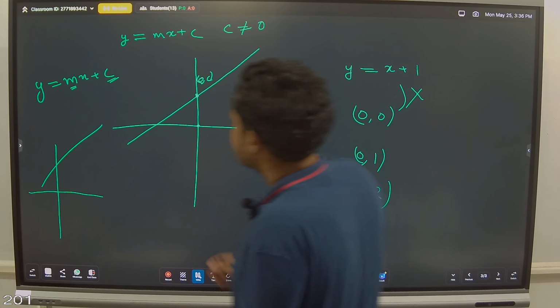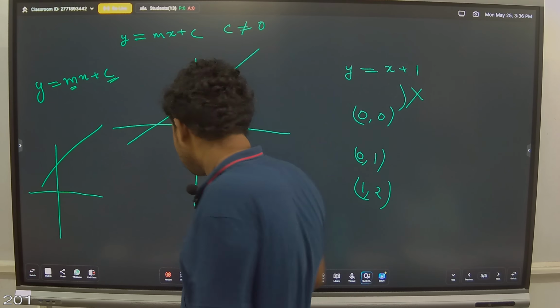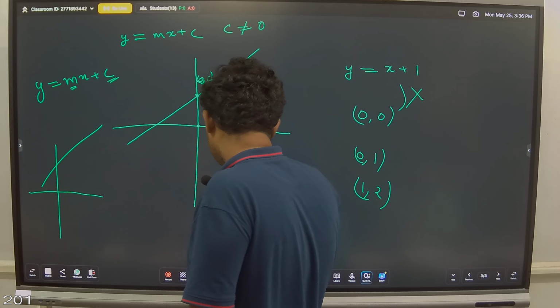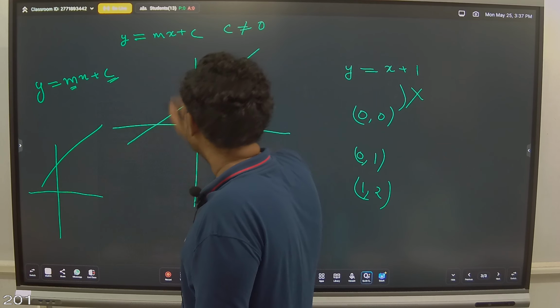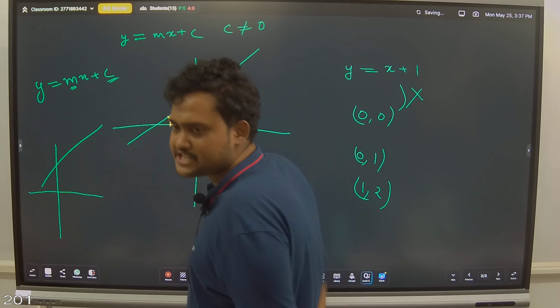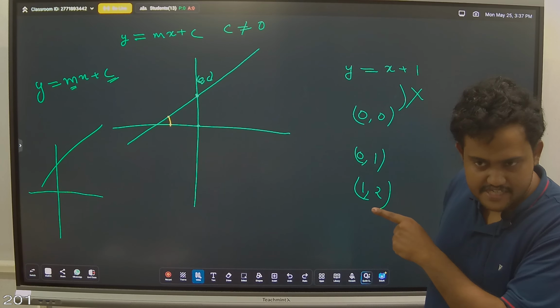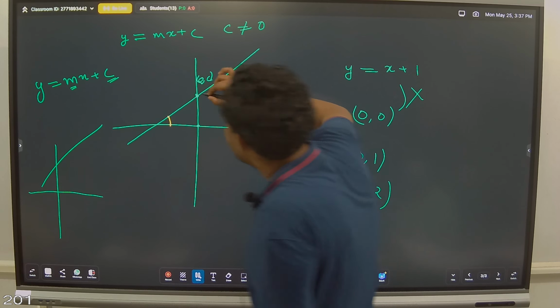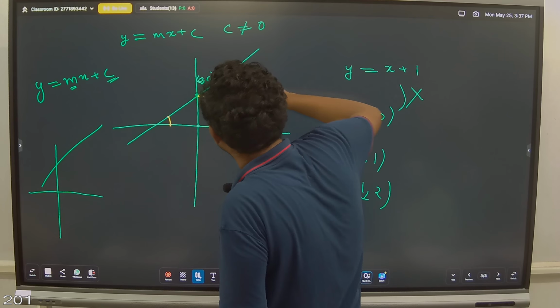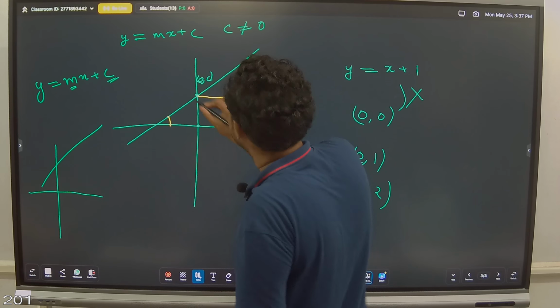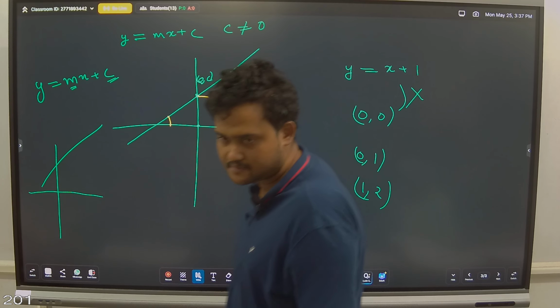Okay. So listen. We want to find the tan of this angle, right? So we draw a line parallel to the x-axis at the y-intercept.